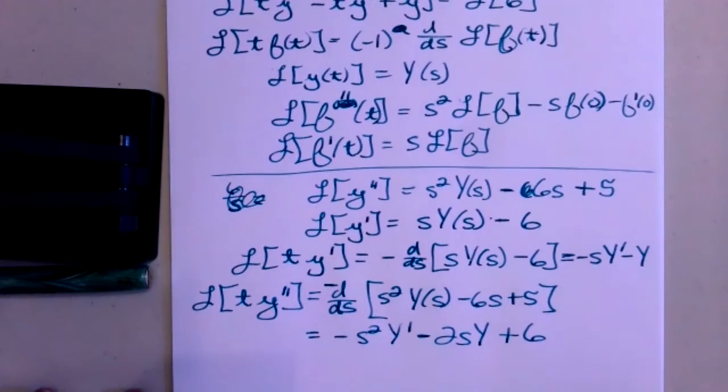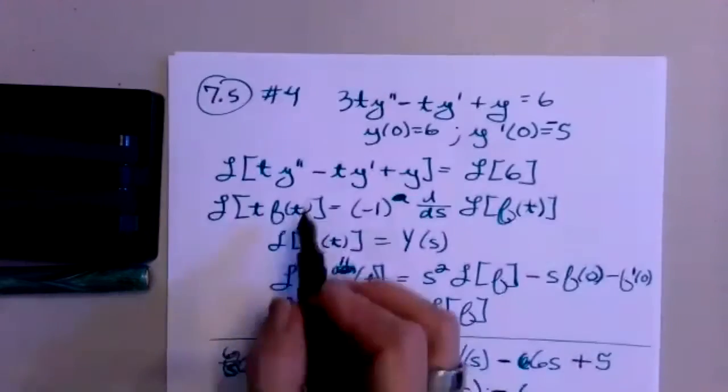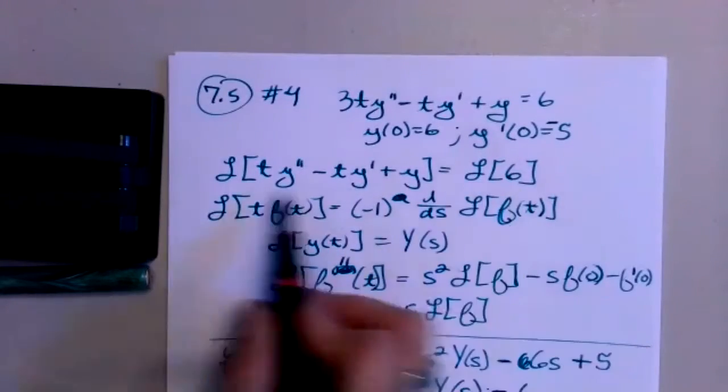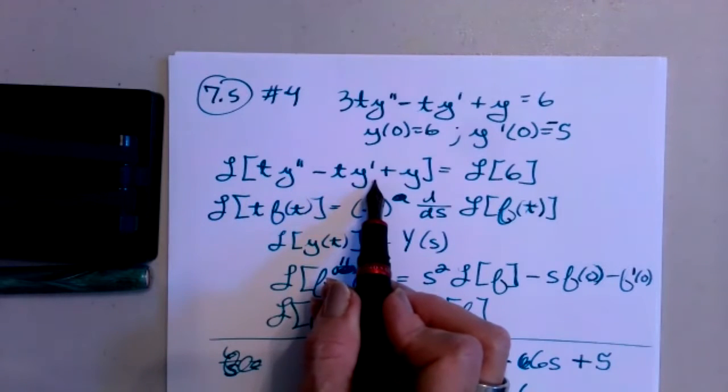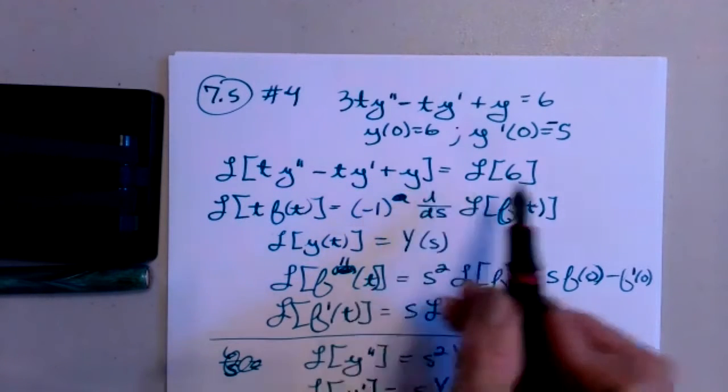So now we plug those equations into our original equation: the Laplace transform of t y double prime minus the Laplace transform of t y prime plus the Laplace transform of y is the Laplace transform of 6.